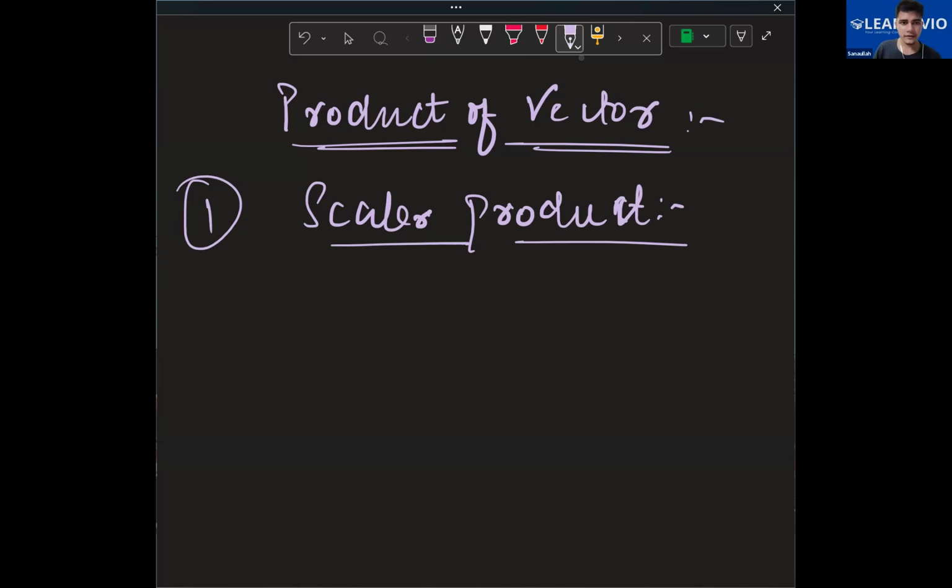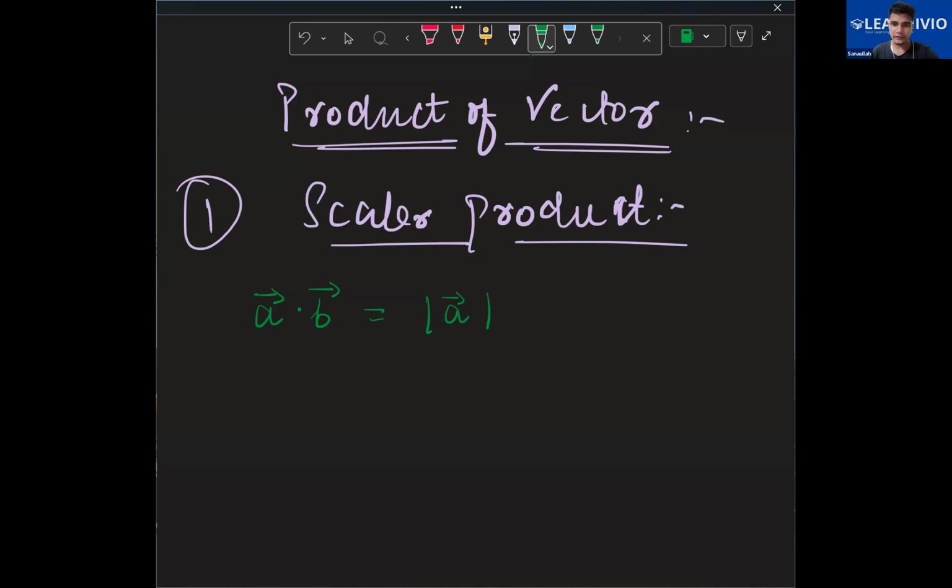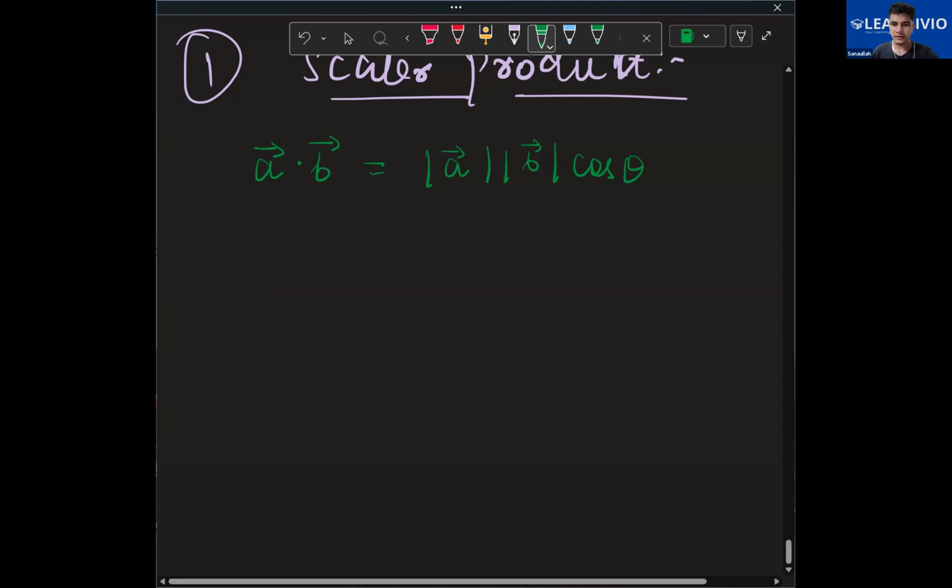And the formula for this is, if you have two vectors, A vector dot B vector, this is a representation of a dot product. This can be written as magnitude of A vector into magnitude of B vector into cos of theta. And what is the cos of theta?